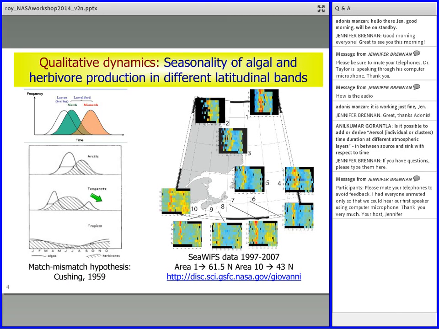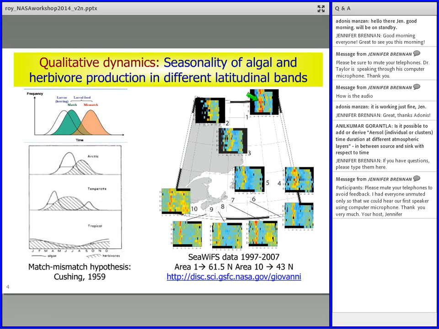But then if we look at the Giovanni time series, this is from SeaWiFS data 1997 to 2007, what we did is take a 1 degree by 1 degree box in the North Atlantic. So these are 10 boxes.